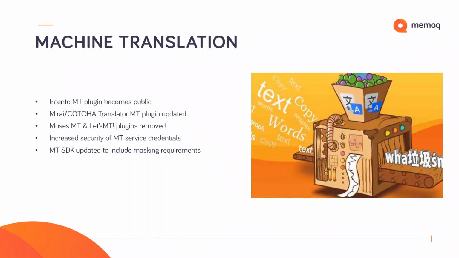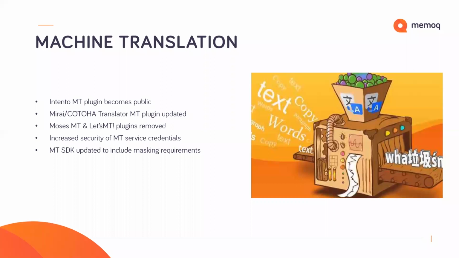So we increased security in MT services and masked a number of fields and ensured that they are highly encrypted, even more hidden and out of reach than before. It was already secure, but we made the security even tighter.